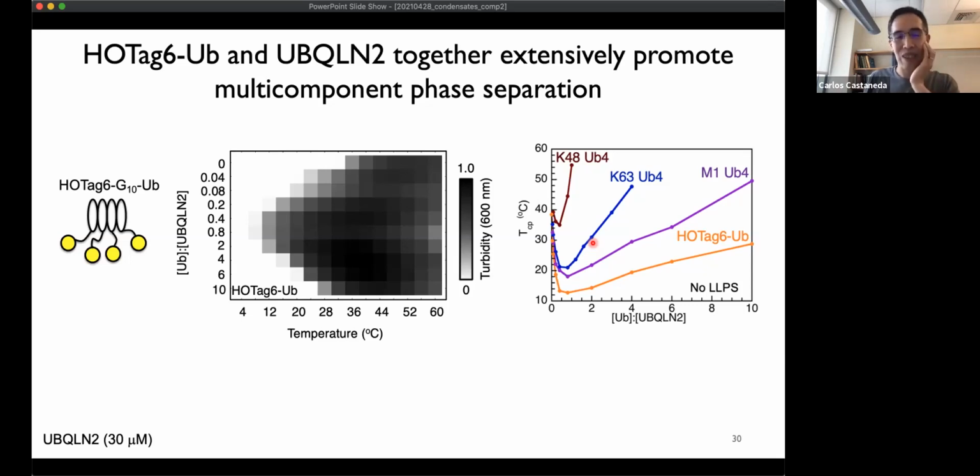But what's interesting with that literature is that they mainly just focused on the isolated UBA domain. And when they did studies with the isolated UBA domain, you didn't see a preference for 48 or 63. But there are UBA domains, for instance with RAD23, whereby the UBA domain is linkage specific.